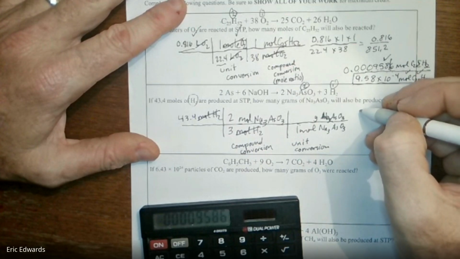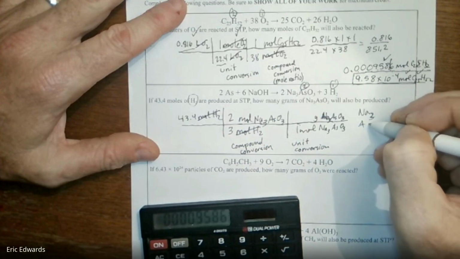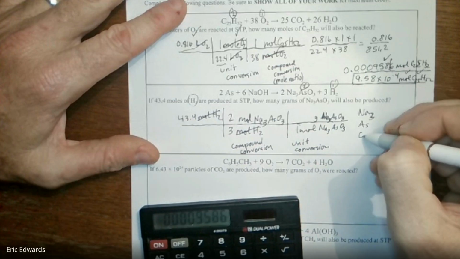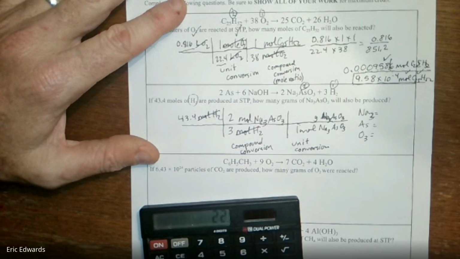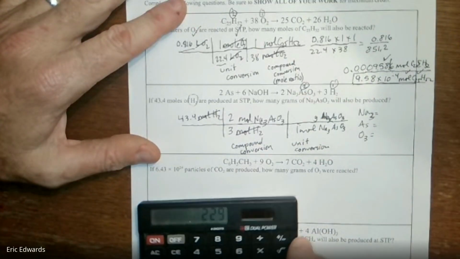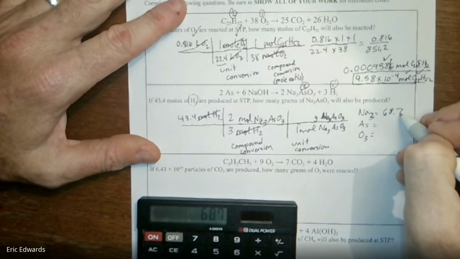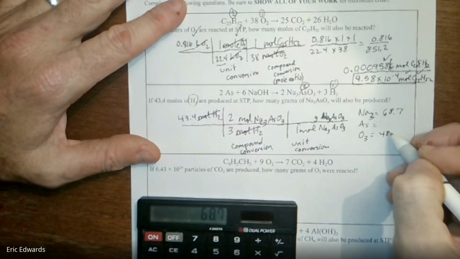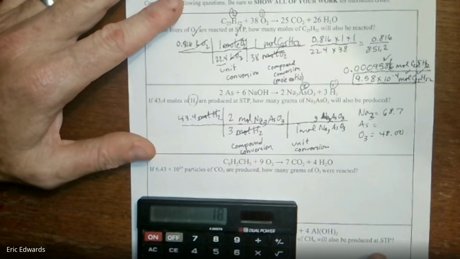The way I find that is I have to do the Na, 3 of them, I have to do arsenic, and I have to do oxygen times 3. I know that Na is 22.9 times 3, and that's going to give me 68.7. I know this one is 48.00 because it's 16 times 3.